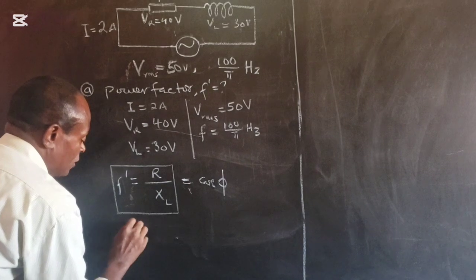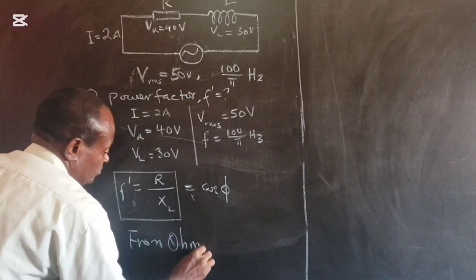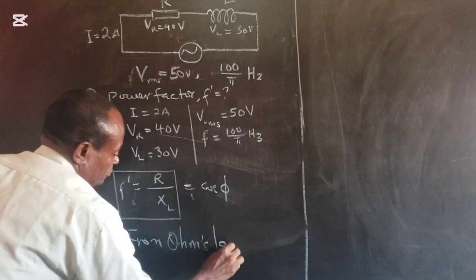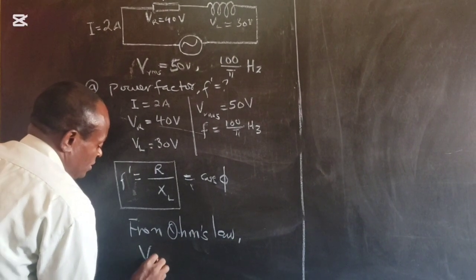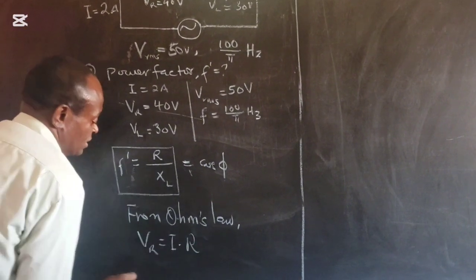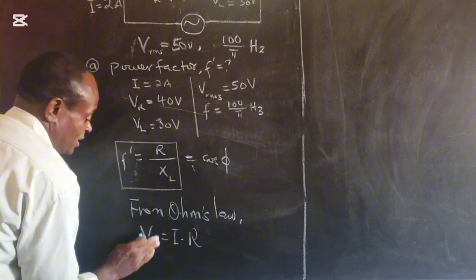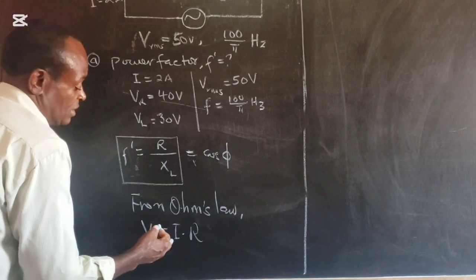So from Ohm's law, our VR is equal to current times resistance. Or you can say Ohm's law, voltage is equal to the product of current and resistance.